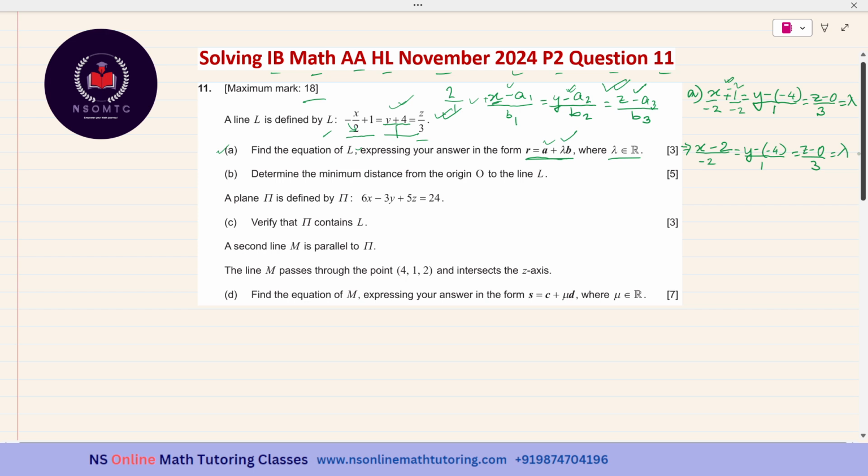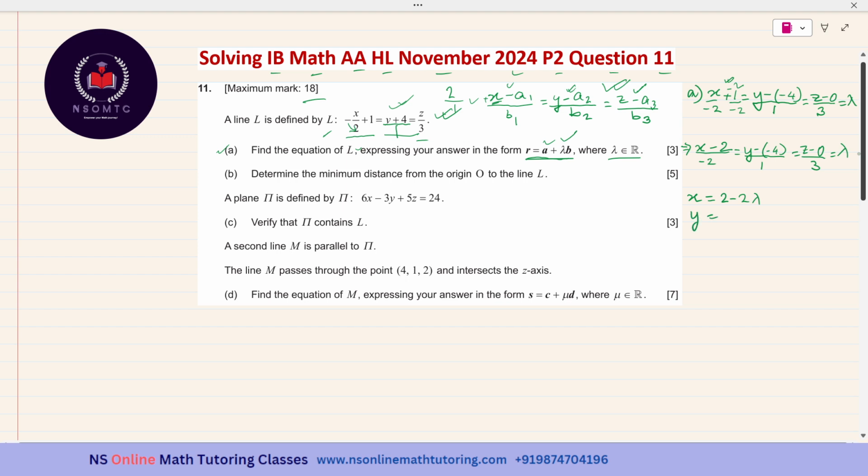From this we can come to the parametric equations of the line L. So the parametric equations will be: x minus 2 over negative 2 equal to lambda. So x minus 2 equal to negative 2 lambda, so x equal to 2 minus 2 lambda.